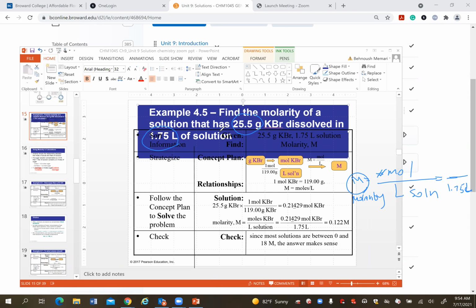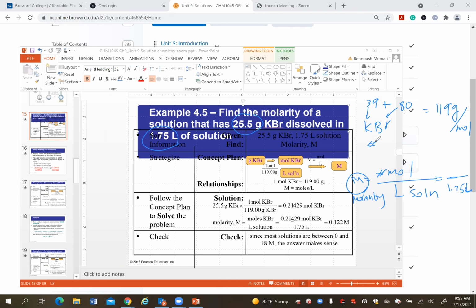I think potassium is 39, right? Potassium bromide, potassium is 39, and this one is 80. Okay, 39 plus 80, it gives me 119 grams per mole of KBr. So first, find number of moles.